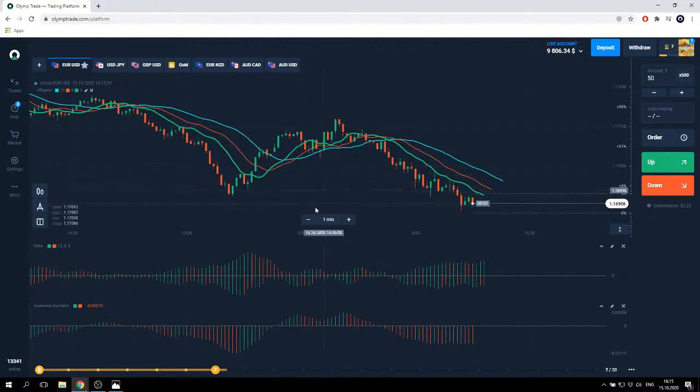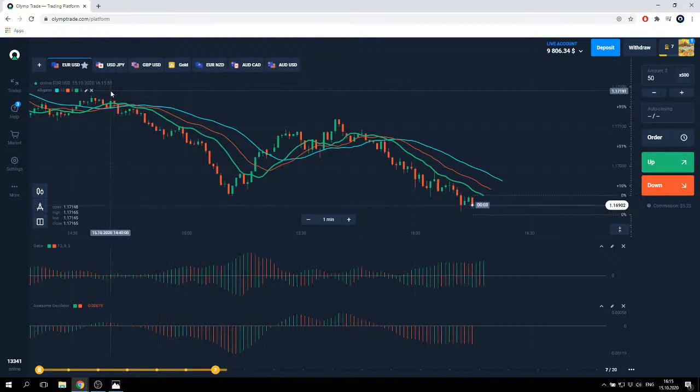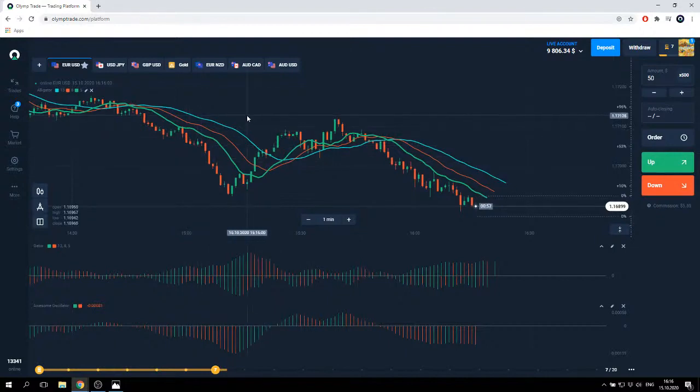So yeah, this way generally it's working. Let me go ahead and check whether we are getting a good signal by using this strategy, the Crocodile Dundee strategy, how this strategy is working.